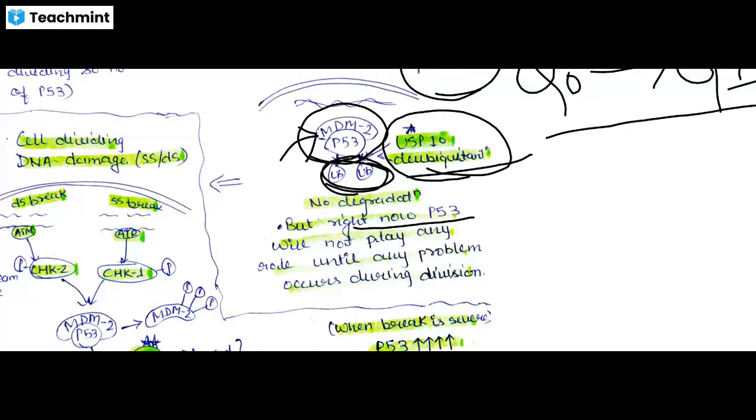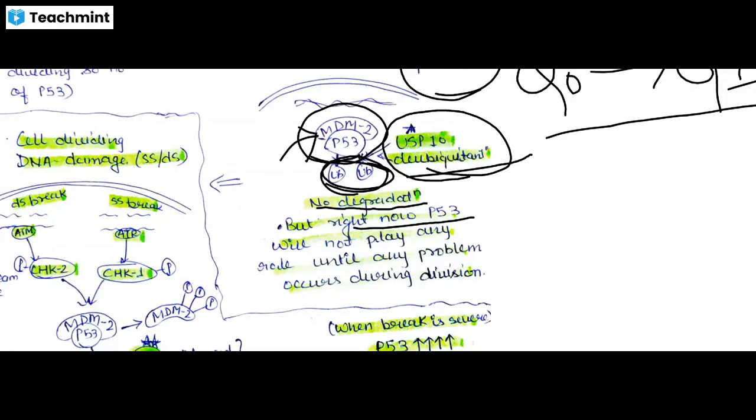So what we learned: P53 is degraded when cells are in undividing state. But when cells are dividing normally, P53 is not degraded. It is kept on standby bound with MDM2. So in case damage occurs, it can go and help to repair that damage.